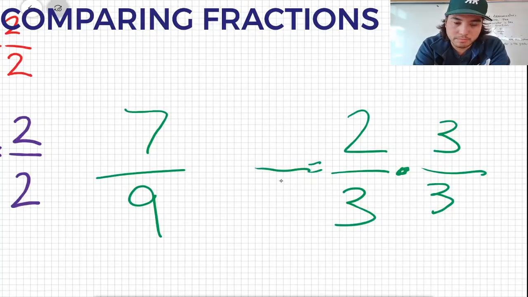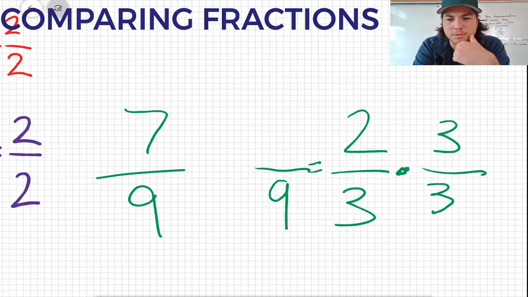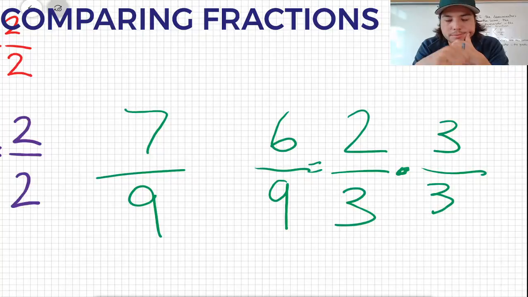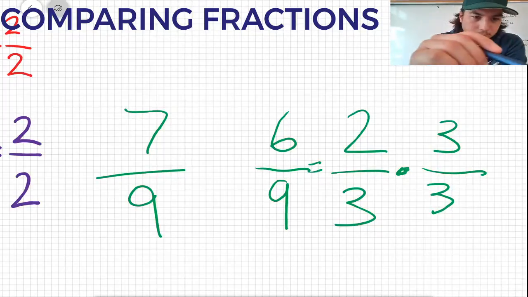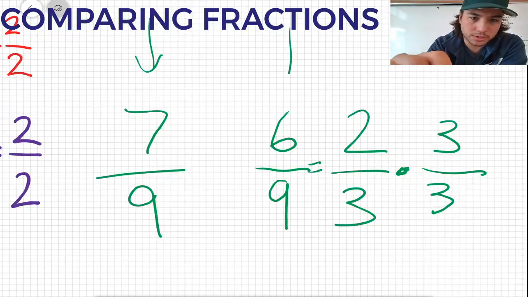3 times 3, that's our 9, and then 2 times 3 is 6. So which fraction is greater, 7/9 or 6/9?